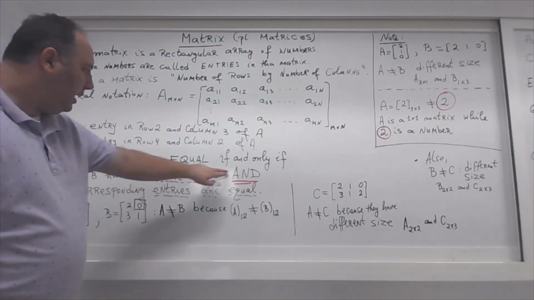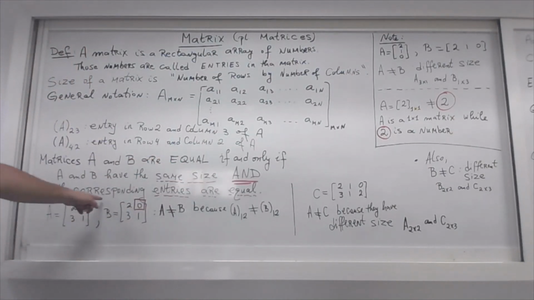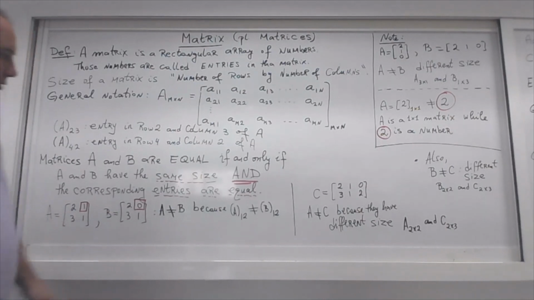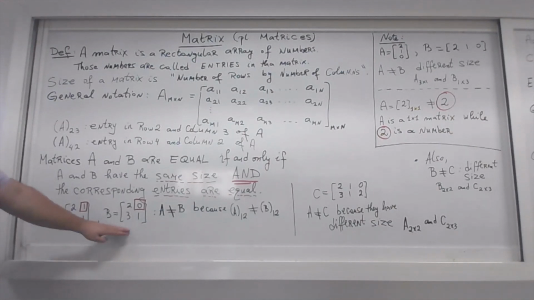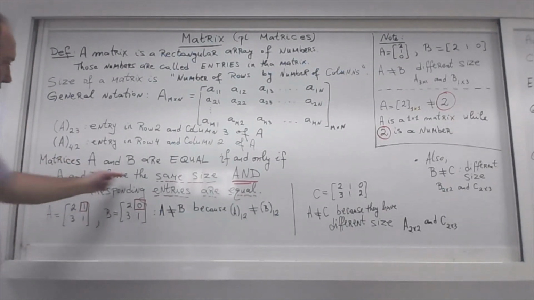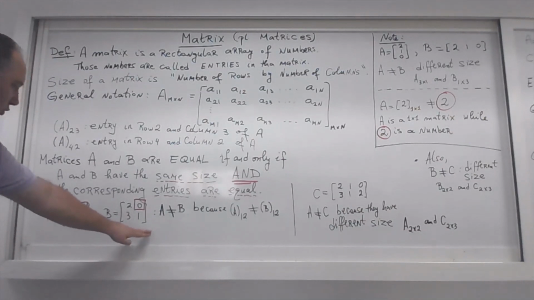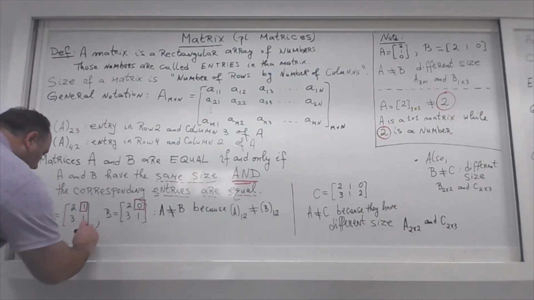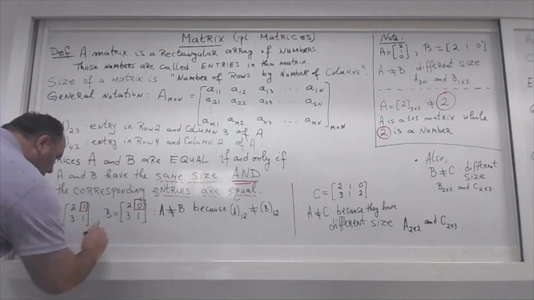And also, the corresponding entries are equal. In this example, I have two matrices A and B. Both of them are 2 by 2, so 2 rows, 2 columns. That's the first part of the definition. That's good, we have the same size, 2 by 2 and 2 by 2.